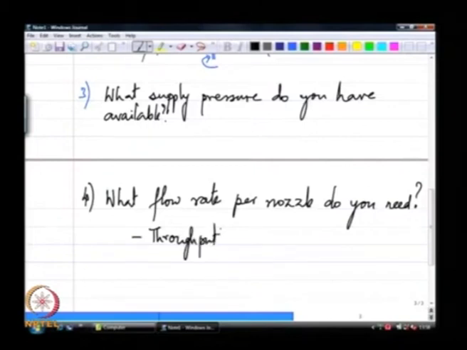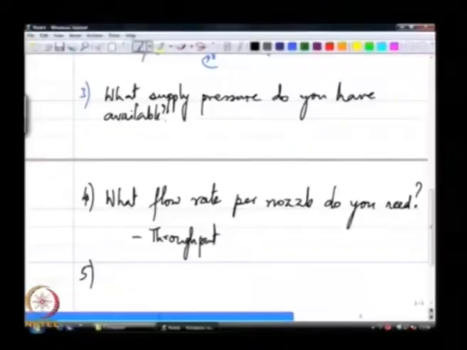So, again, if I was a powdered product manufacturer, there is a certain throughput that I need per nozzle or per kiln. So, I need this kiln to produce, let us say, so many thousands of pounds of a product per day. So, those kinds of numbers can be translated to flow rate per nozzle.